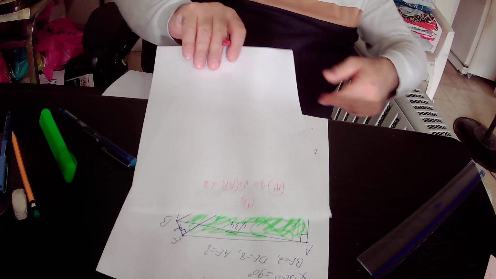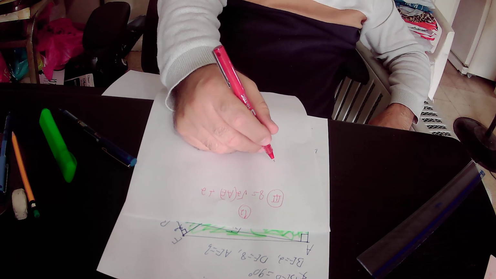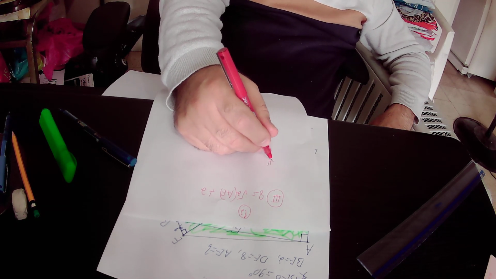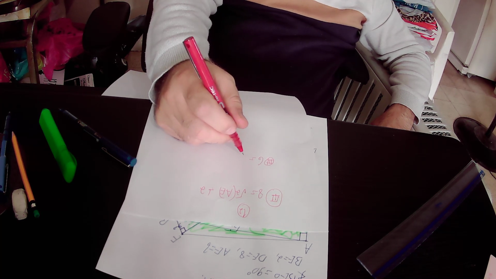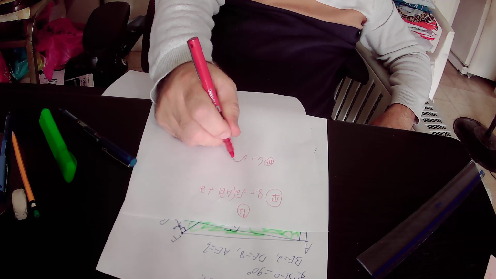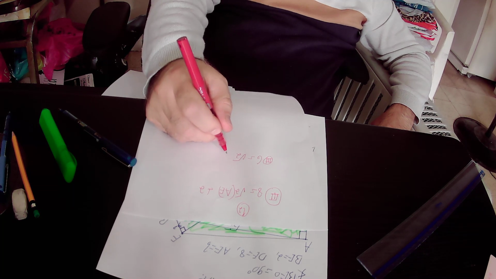Here we subtract 2 from the equation, and we get 8 minus 2 is 6, so 6 equals square root of 2 times AE.